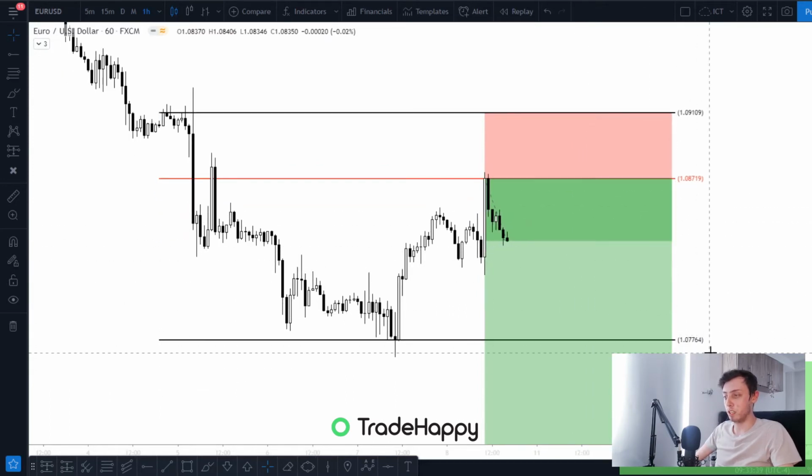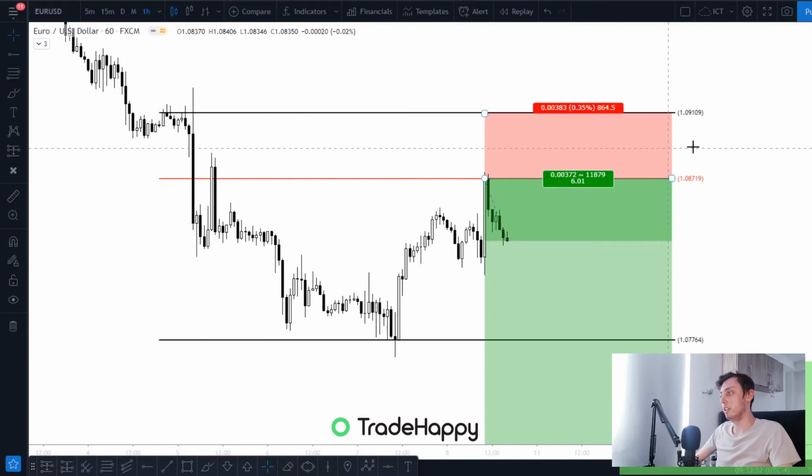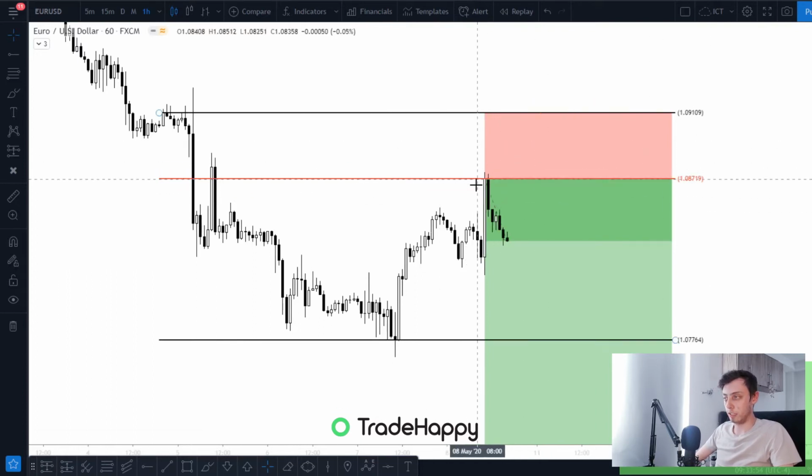But once we start getting around this level here where this low is, you can have a look at moving the stop loss, sorry, and taking off 30% of the position. So that's a trade that we're currently having a look at.